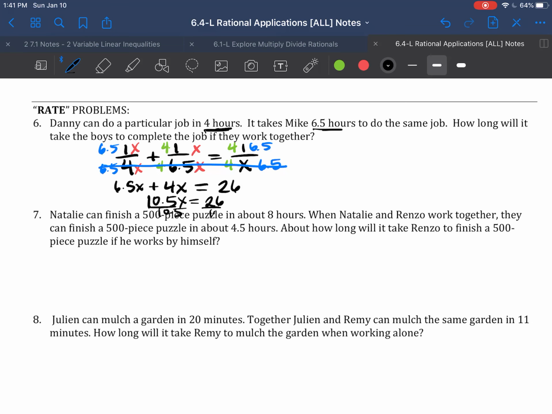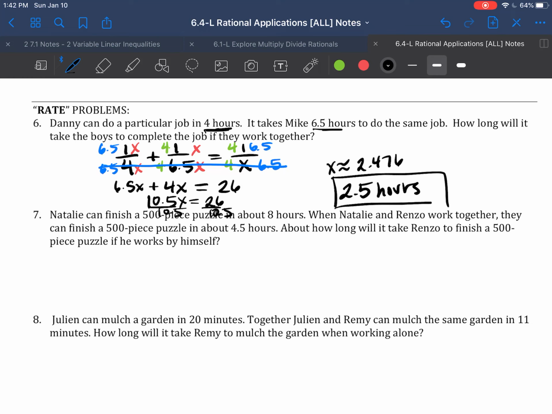Divide by the 10.5. And we get about 2.476. And so to answer the question, we'll say 2.5 hours.